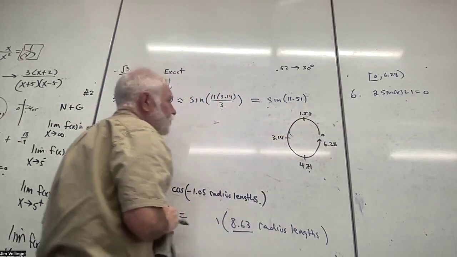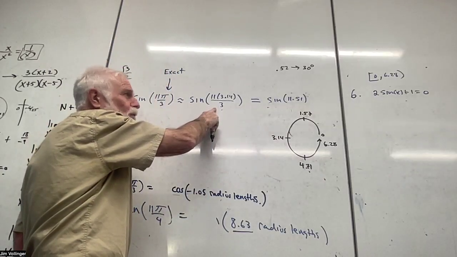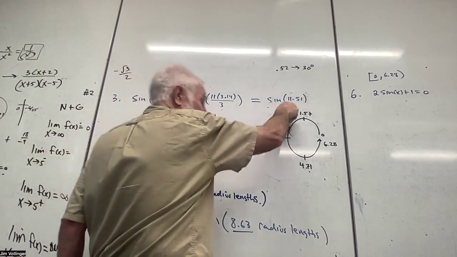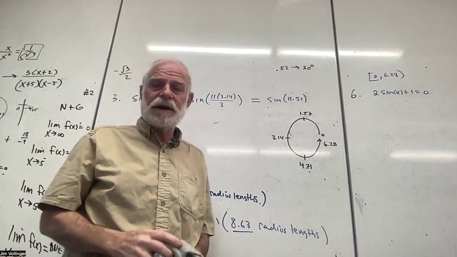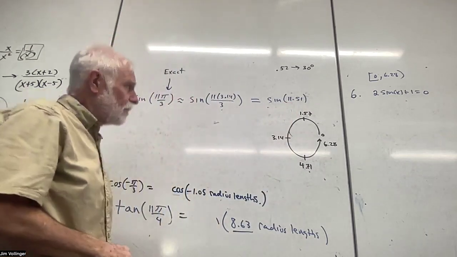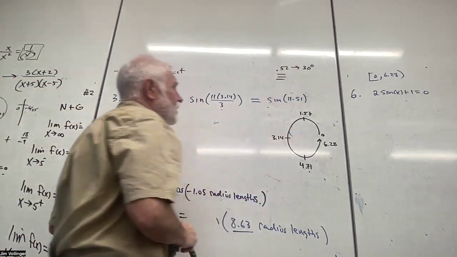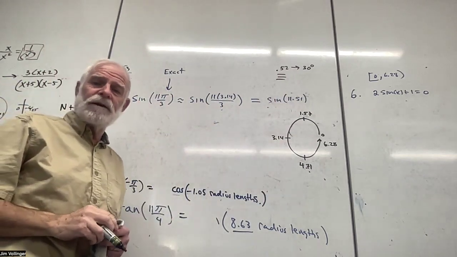So I did throw this into Google. I typed in 11 pi over 3 so that the distances are now a little more accurate. I was just estimating without a calculator a little while ago, but we'll put these in and some good stuff comes out of it. 0.52 radius lengths opens up to about a 30-degree angle.